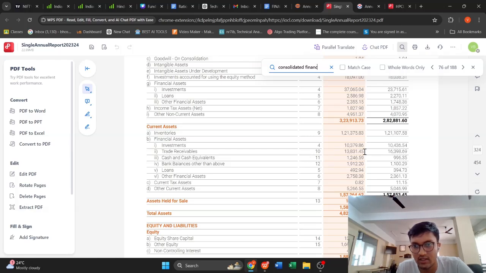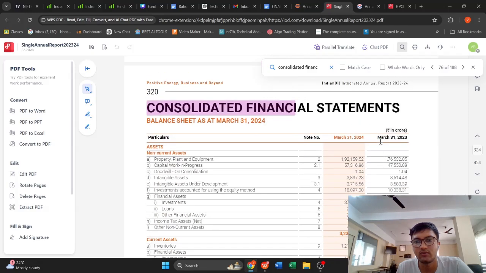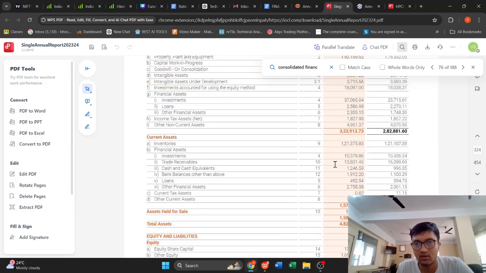The trade receivable in the case of 2024 is 13831, and the previous year is what it was. Let's just copy this and keep it aside.